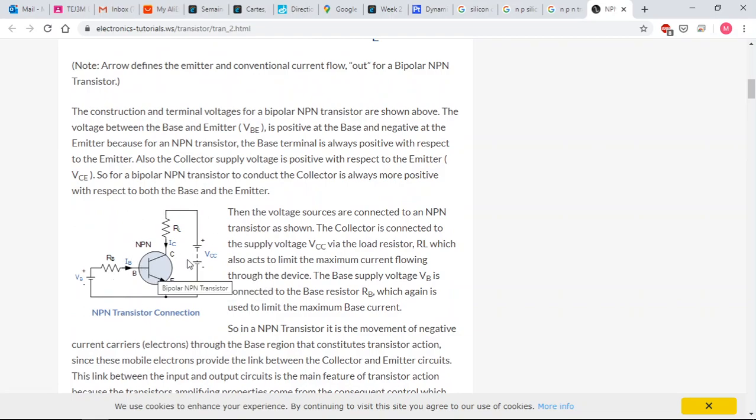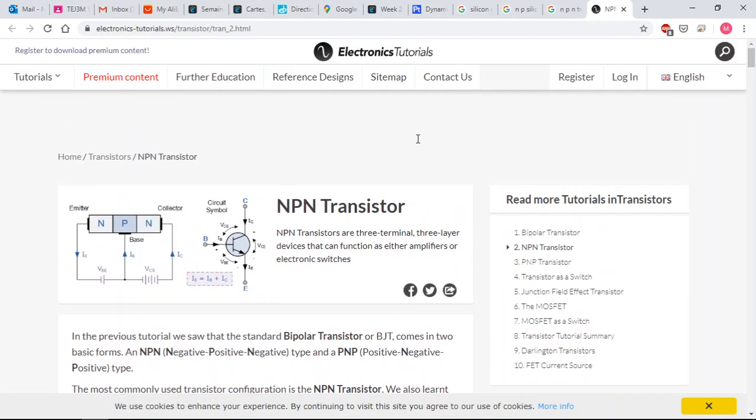Okay, so what do we get? You've got to picture this as being a chunk of N here, a P here, and an N here. But when we use a transistor in a circuit, we don't draw NPN anymore. We just use this drawing, right? Now, why is it drawn this way actually? It's because it actually is 2 diodes facing each other, right?